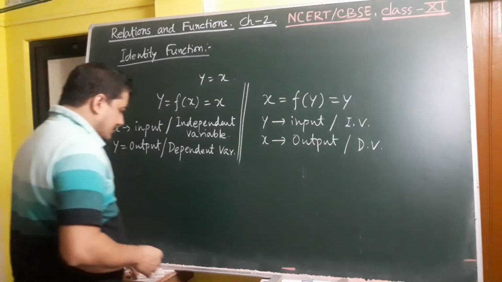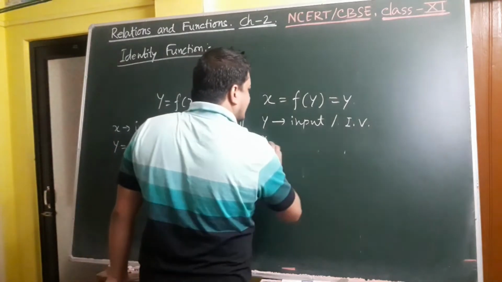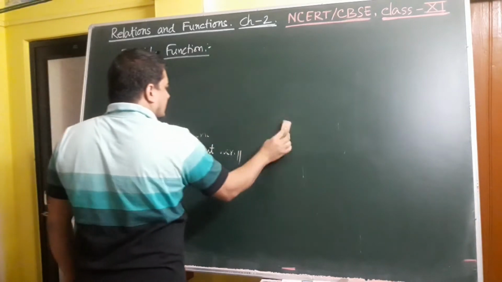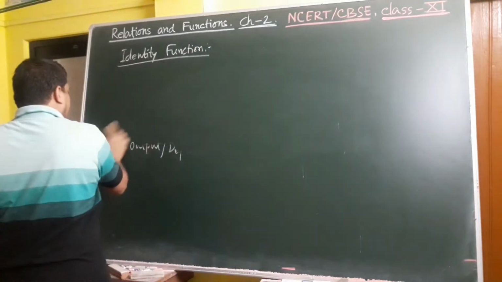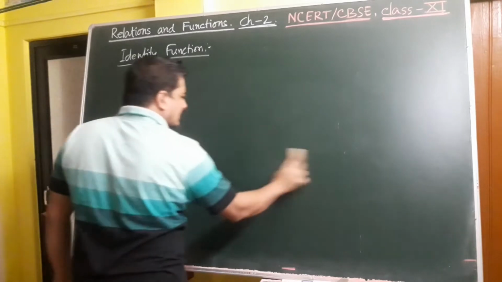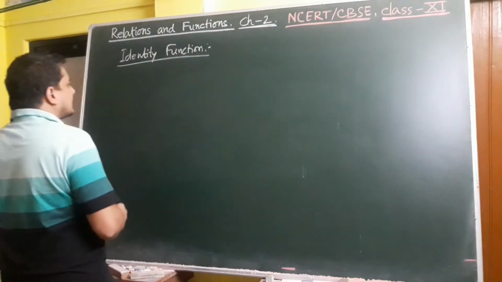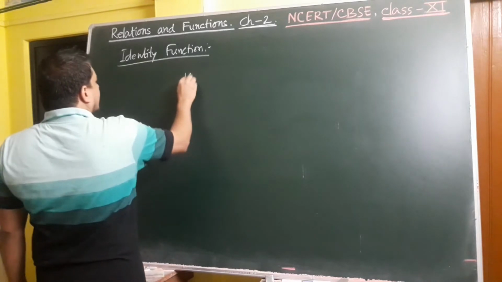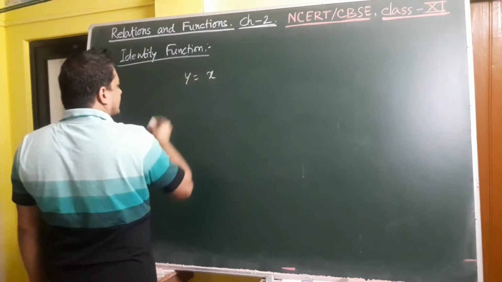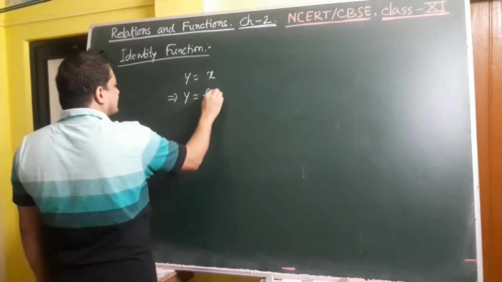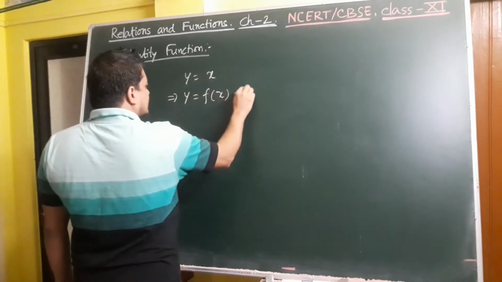Now I'll show you how actually you can write these functions. If I write y is equal to x, that I have already shown you, so you can write it in this way, y as a function of x which is equal to x.